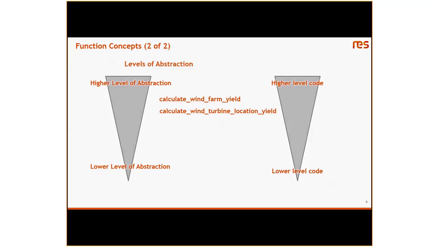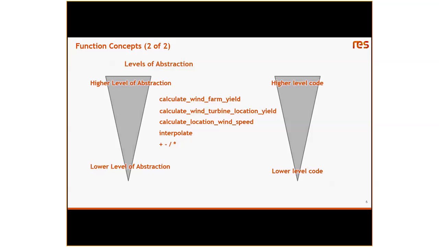So you're getting into a little bit more detail there. And to do that, you'd probably have to calculate the wind speed at that particular location. To do that, you'd probably have to do some kind of interpolation to work out what the wind speed is at that particular point. And to do that, you'd probably have to carry out some basic mathematical operations.